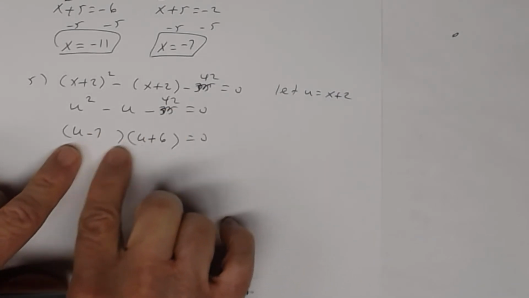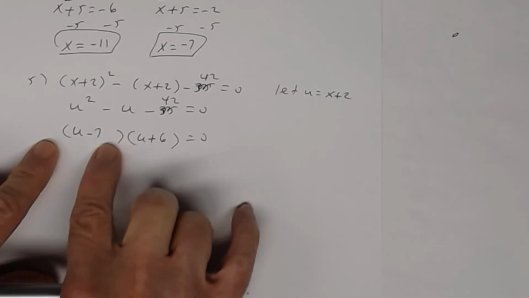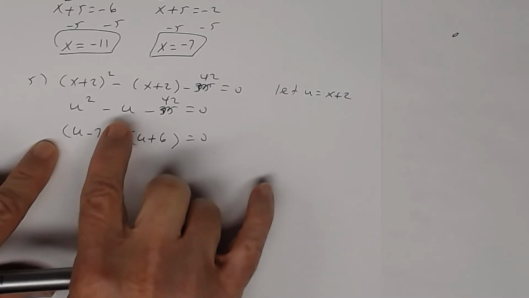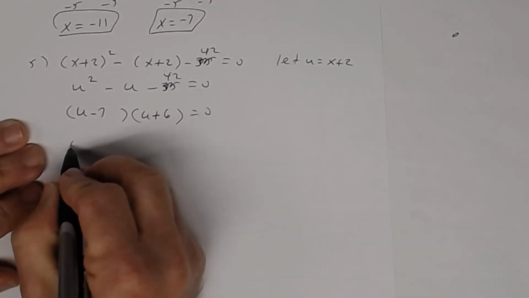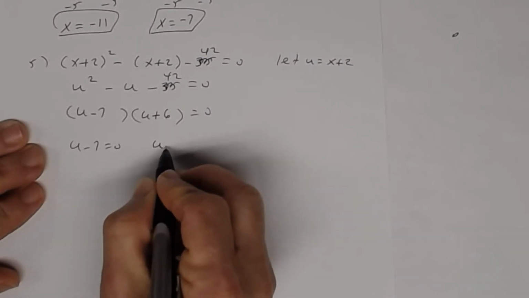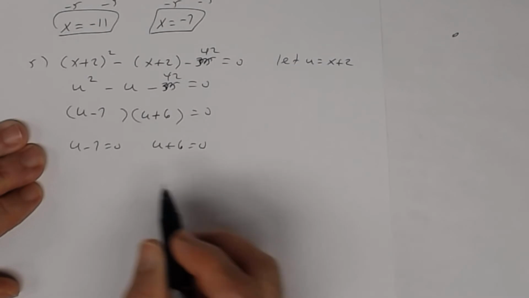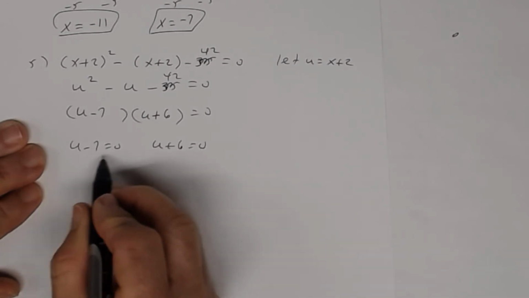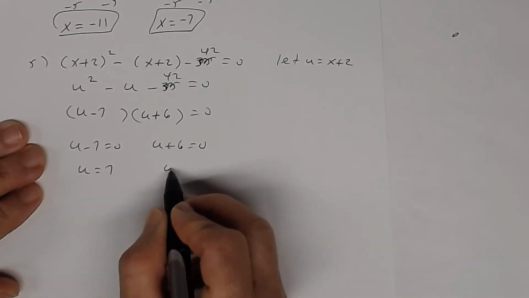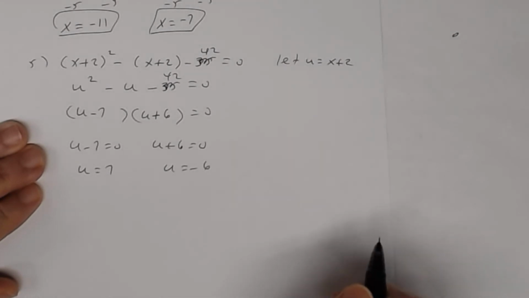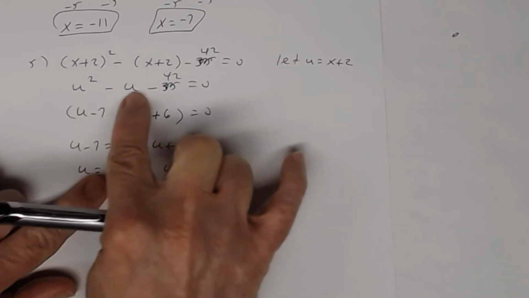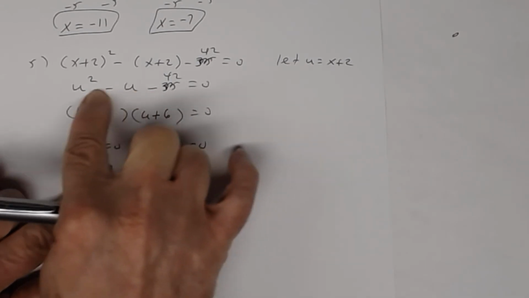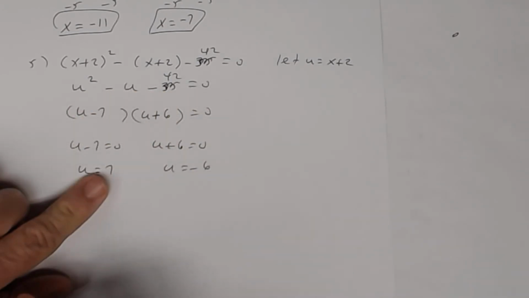And then the outer is negative 7u, the inner is negative 7u, the outer is 6u, and you get negative u. Okay, now I'm going to set each factor to 0, so u minus 7 equals 0, u plus 6 equals 0. Solving each linear equation for u, you get u to be 7, u to be negative 6. All right, now remember, 7, negative 6 is a solution to this quadratic equation here, u squared minus u minus 42.